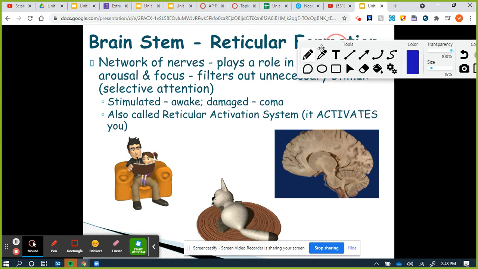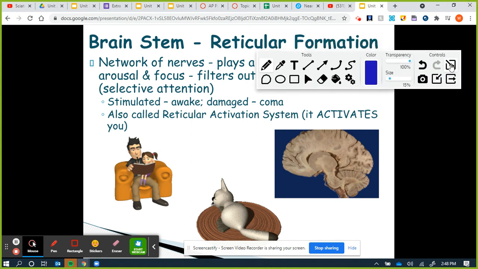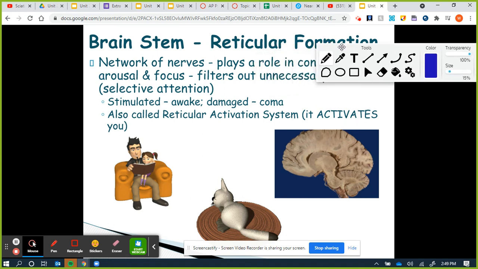It activates you. All right, are there any questions about the brain stem? If it's damaged, can it fix itself? I don't know, maybe. Probably. I mean, neuroplasticity and neurogenesis, but I'm not sure about that.